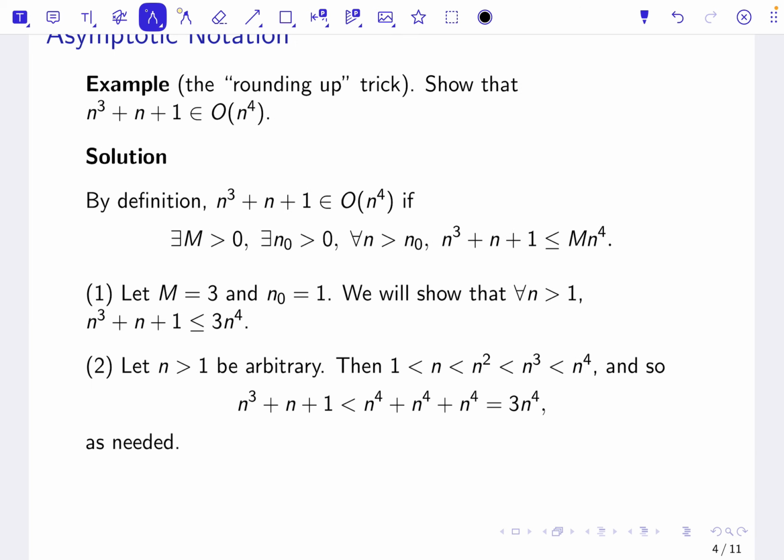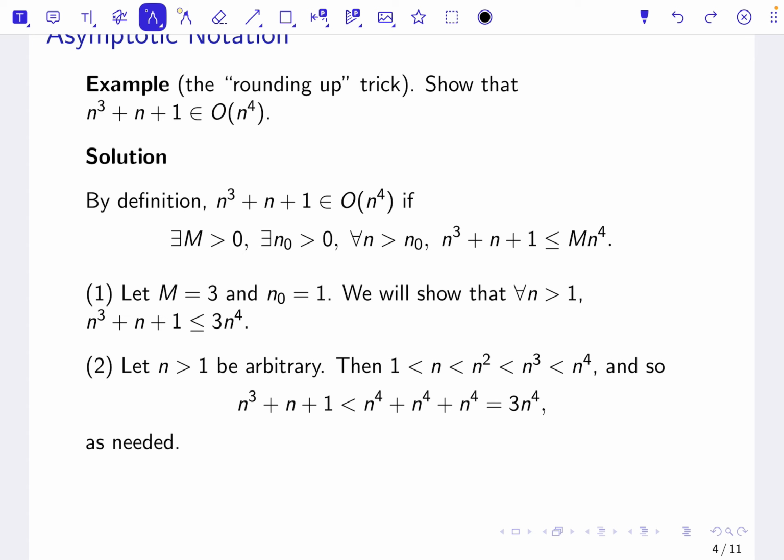And that's exactly what we see in the formal proof. We start off by letting m be equal to 3 and n naught be equal to 1. And then show that for all n greater than n naught, in this case n greater than 1, the inequality is true.